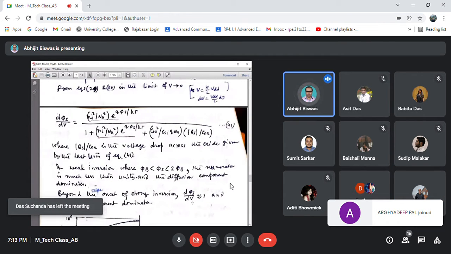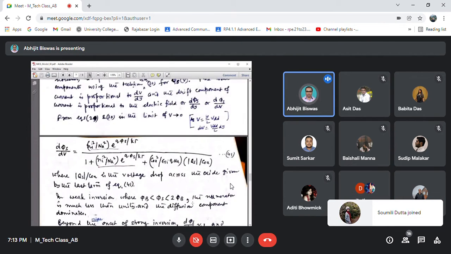No, I am talking about why in the subthreshold region diffusion component of current dominates.